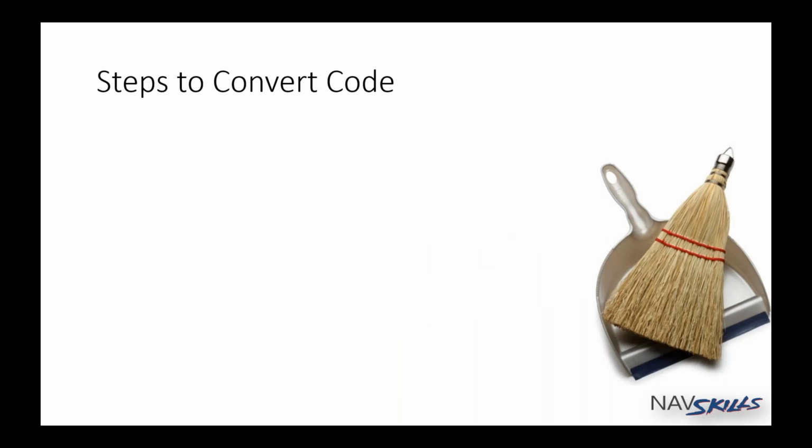So the steps to convert code are multiple. The first thing that you have to do is upgrade your code to Business Central. Microsoft requires you to export your code from an MS-DOS command using the FinSQL. And that command is only available in Business Central or in NAV 2018. Of course, you can use NAV 2018, but Microsoft is improving the experience all the time.